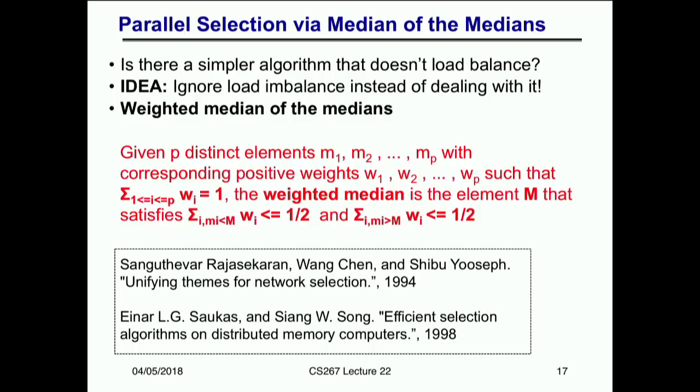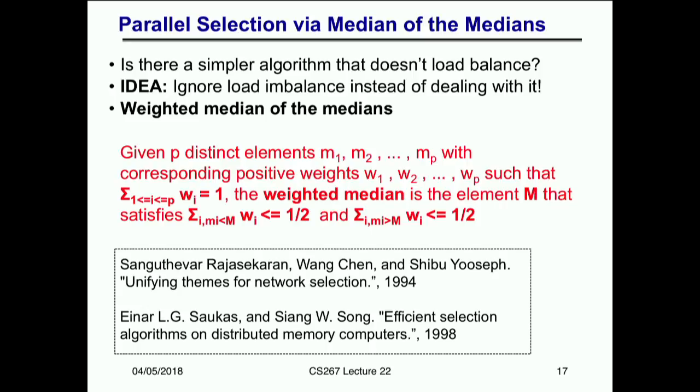So here's a simpler way to do it. Without data redistribution, without explicit load balancing. Instead of dealing with the load imbalance by shuffling data at every recursive call, we're just going to deal with it algorithmically.